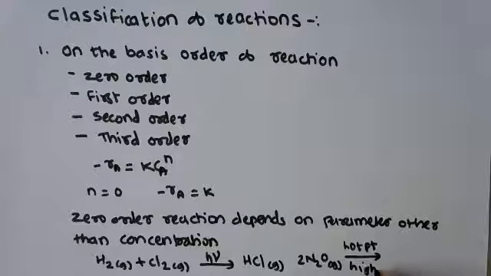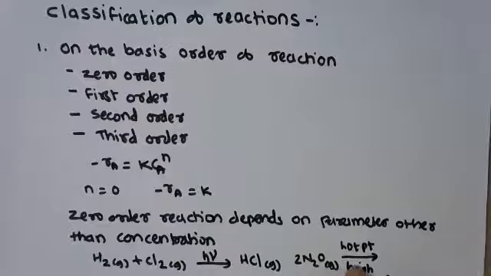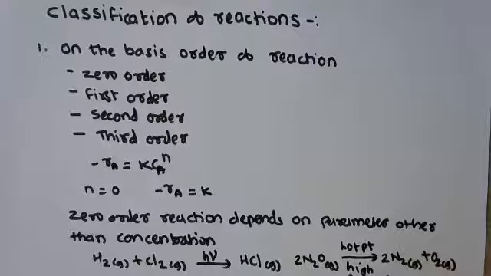It is carried out at high pressure, so it depends upon the catalyst used or the surface area of the catalyst available, and is independent of the concentration. So such reactions which are independent of the concentrations are known as zero order reactions.